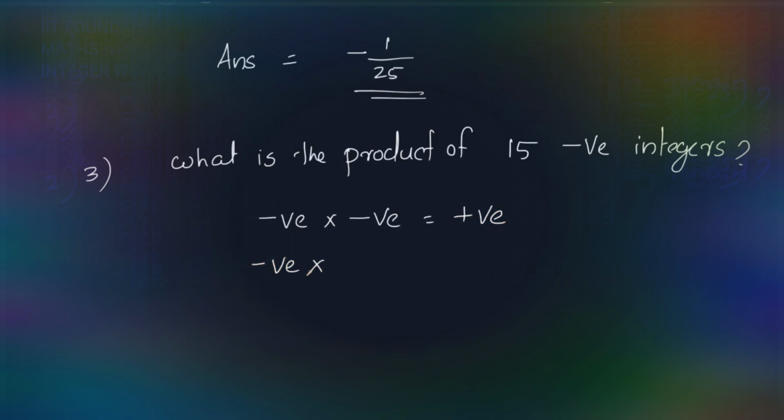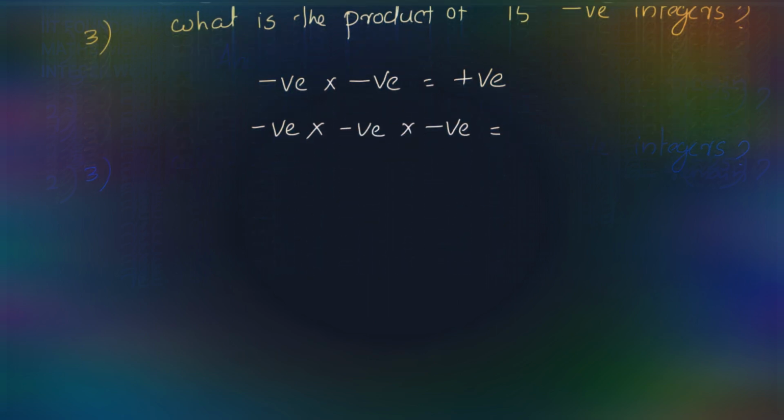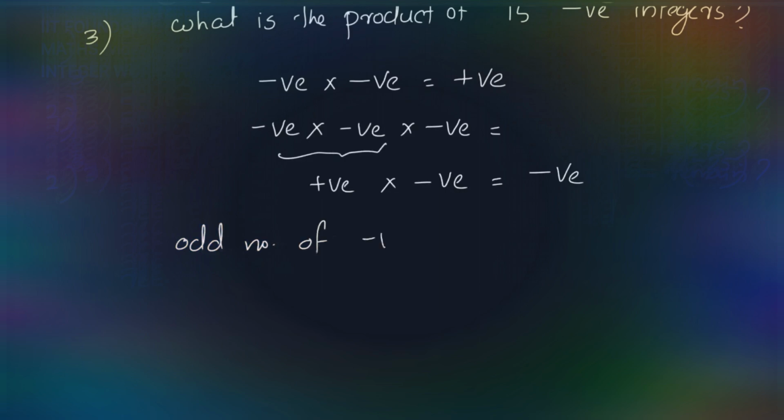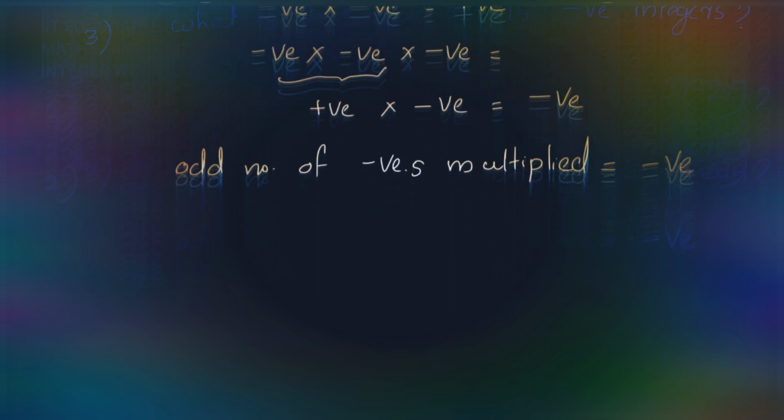Then if 3 negatives are multiplied, these all were discussed already in our theory session. That is, these two negatives will give positive, and this positive along with negative gives negative. That means if an odd number of negatives are multiplied, we get the answer as negative.